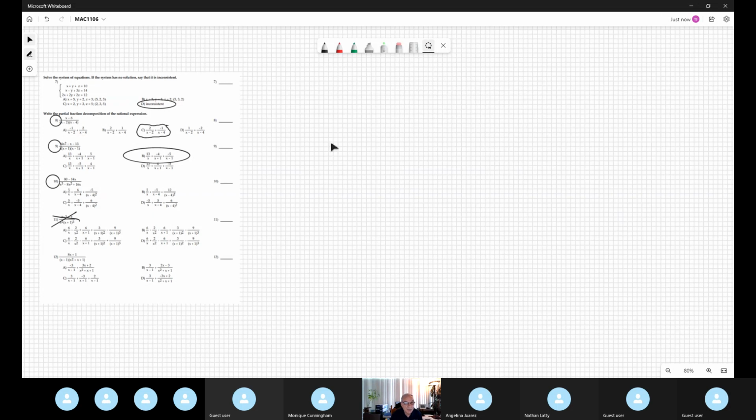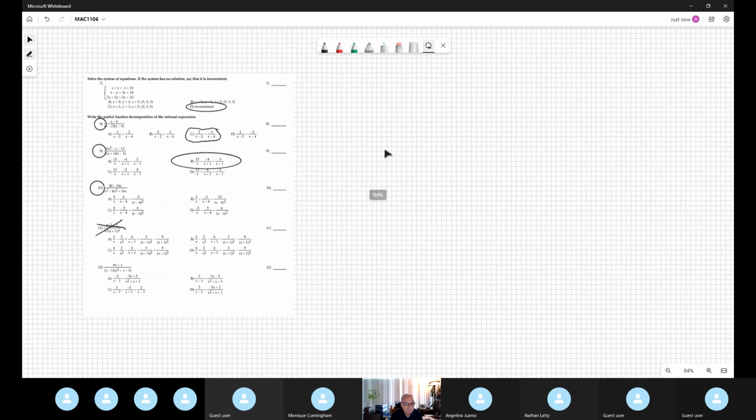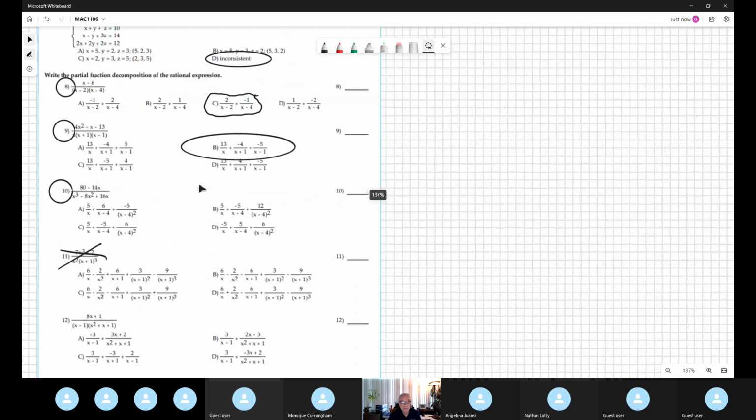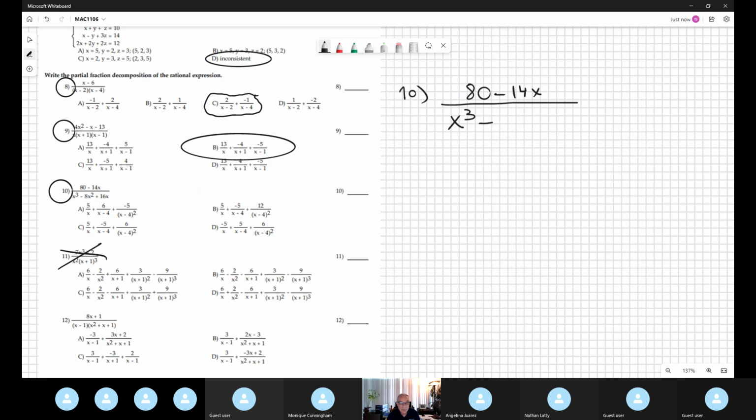Okay, number 10. Number 10 is (80 minus 14x) over (x cubed plus 8x squared plus 16x).